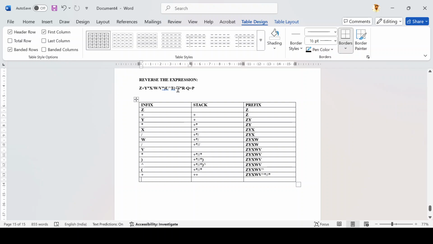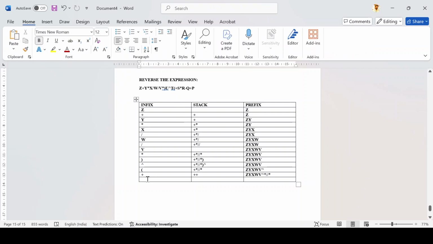Then after the plus we have an S. S is a variable, so directly we can put it in the output side. Then we have a multiply.